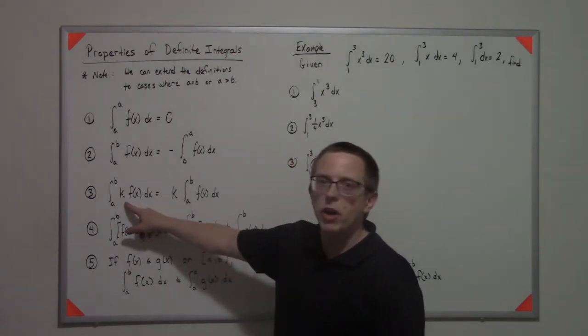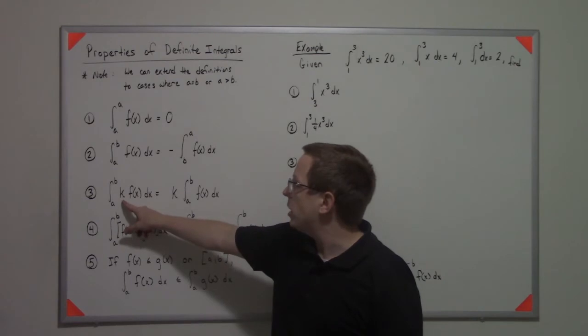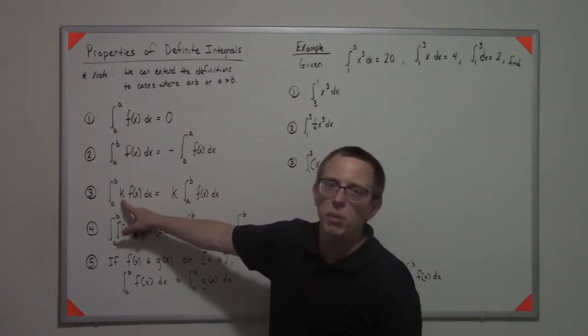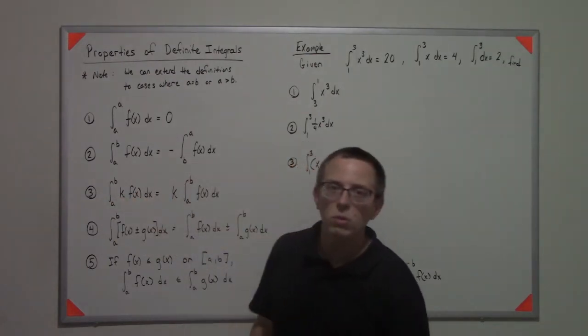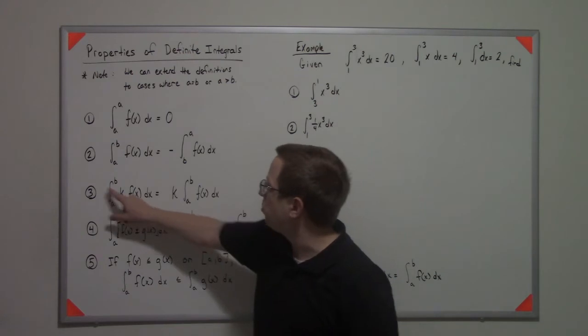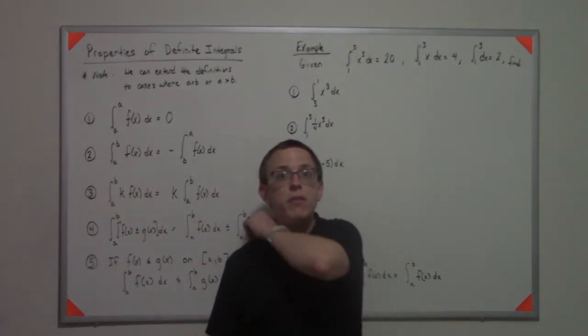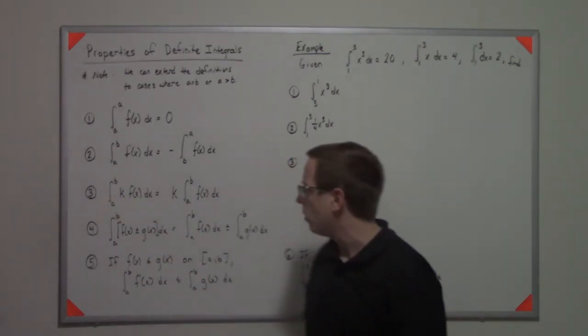The next one is a very simple situation. If I have a constant k multiplied by a function, I can pull that out and evaluate the integral without it. That was true of indefinite integrals and true with derivatives as well.